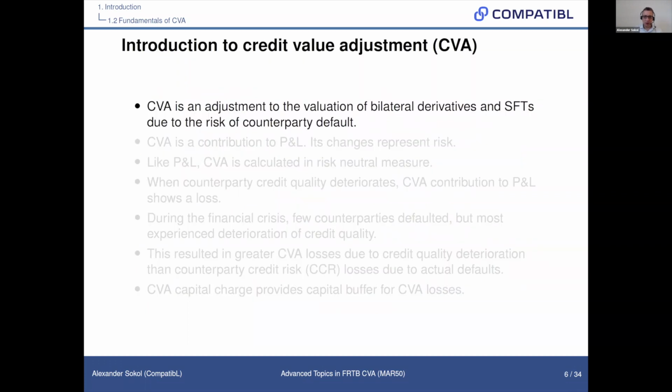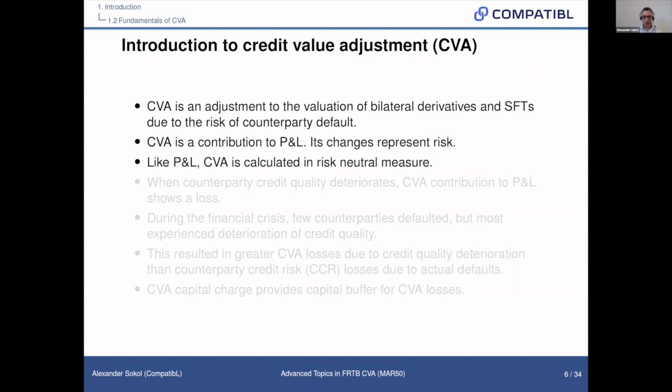All right, so now we'll start from the fundamentals of CVA. What is CVA? I will assume that everyone who logged in today is familiar with CVA, but just to recap, it's an adjustment to the valuation of bilateral derivatives and security financing transactions due to the risk of counterparty default. CVA is not risk, it's a contribution to P&L, but its changes represent risk.